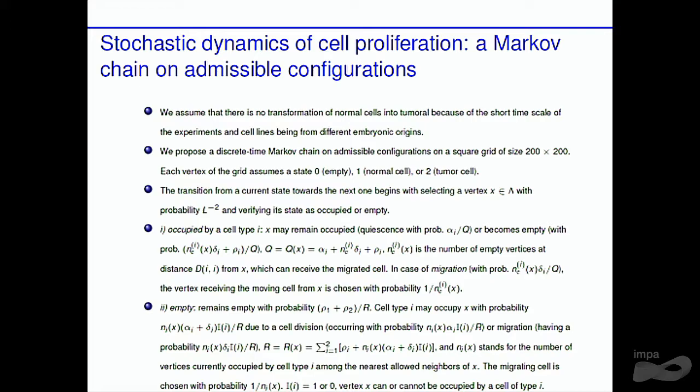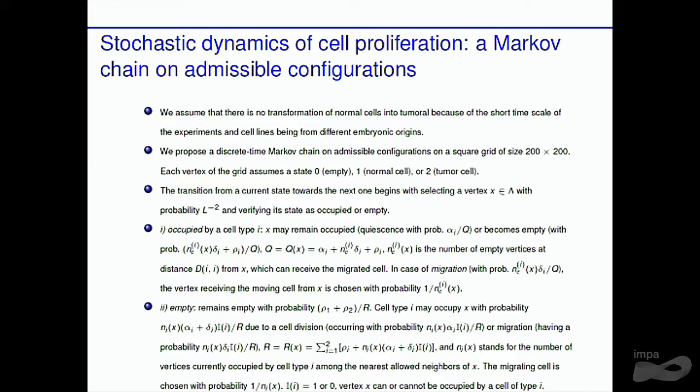First, because of the nature of our experimental arrangement, we assume that no normal cell is going to be transformed into a tumor cell because the time scale is not long enough for that, number one. And number two, the two cell lines are from different embryonic lineages, so there is no chance for a keratinocyte to be transformed into a melanoma.